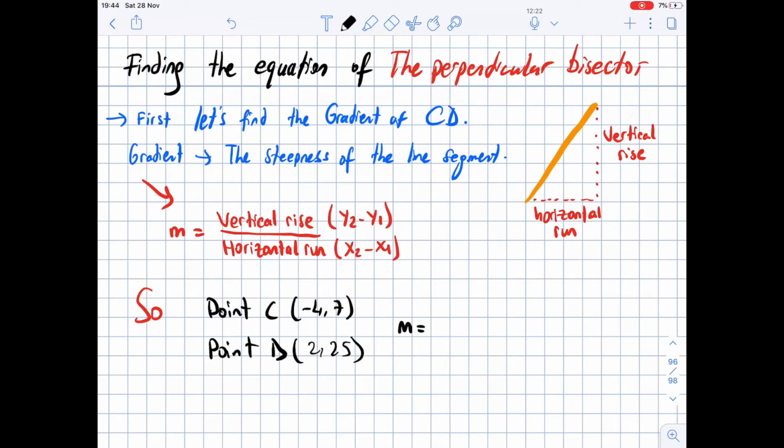To find the steepness of this line segment, which means the gradient, we subtract y coordinates from each other and x coordinates from each other, vertical rise divided by horizontal run. So to find vertical rise, I subtract y1 from y2, and for the horizontal distance, x1 from x2. So it's going to be 18 divided by 6, which is 3. Gradient is 3.